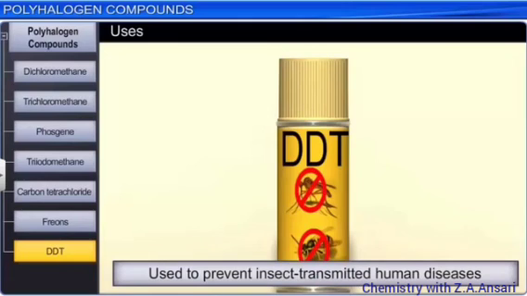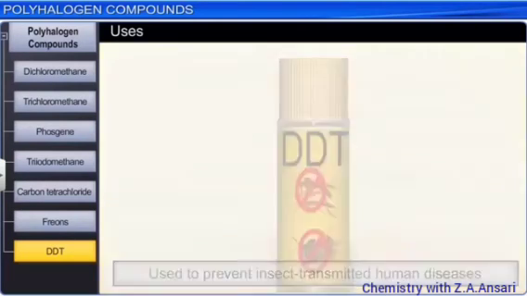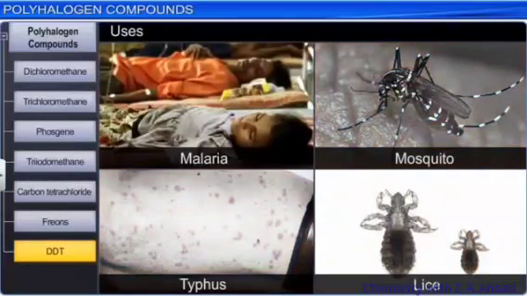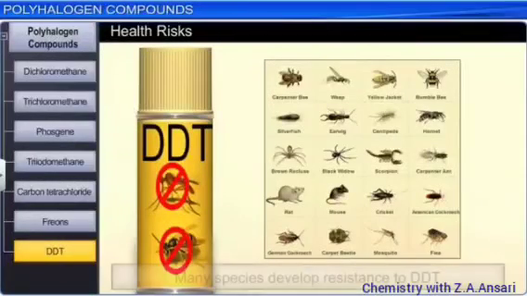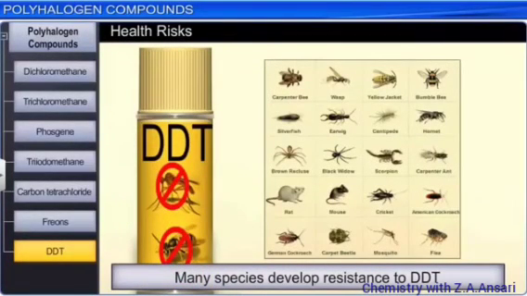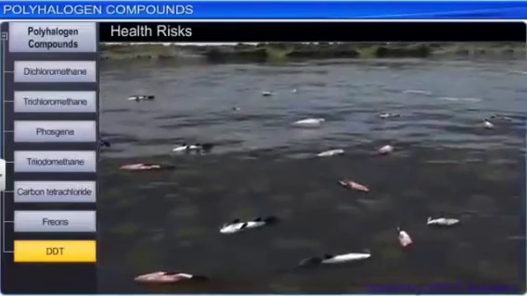DDT has been used to prevent insect-transmitted human diseases, such as malaria, spread by mosquitoes, and typhus, spread by lice. However, many insect species develop resistance to DDT, limiting its effectiveness. DDT is toxic to many species of fish.